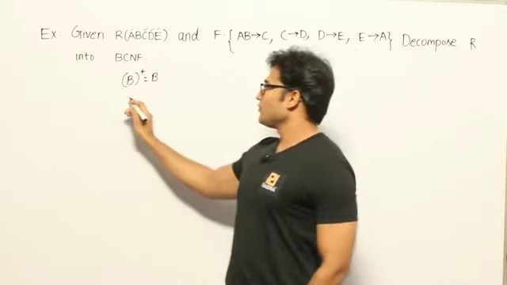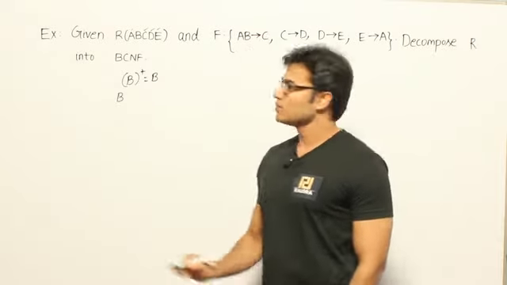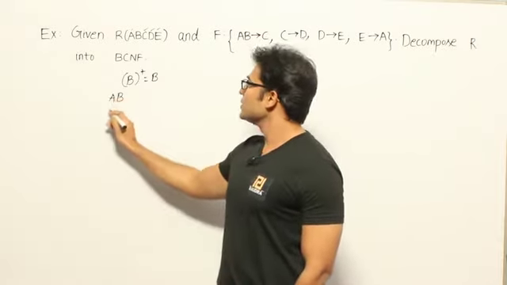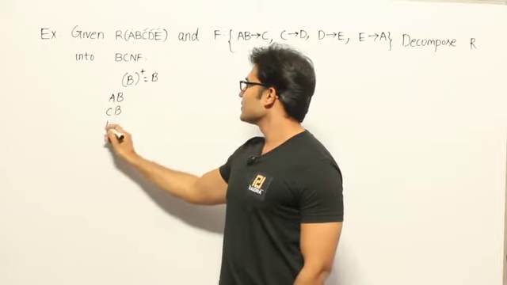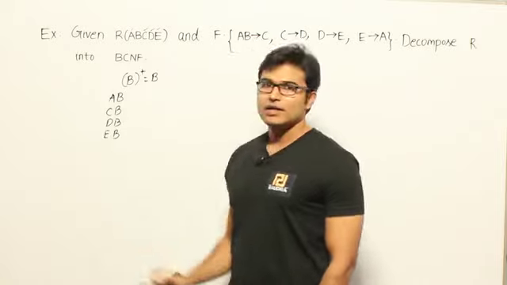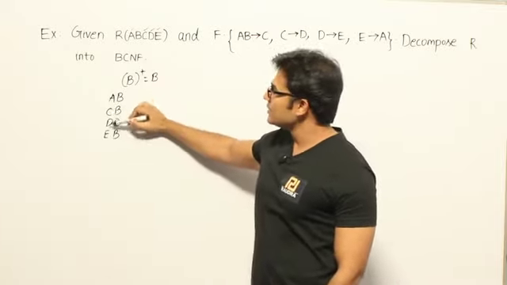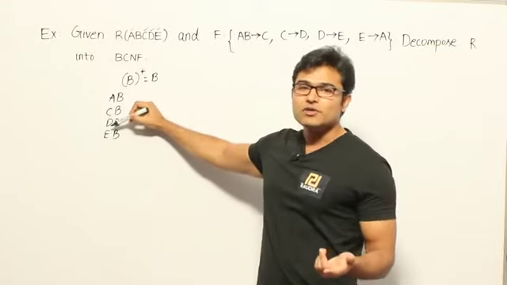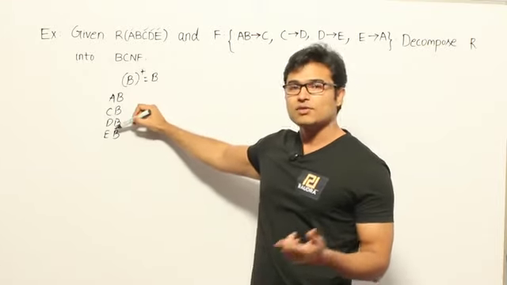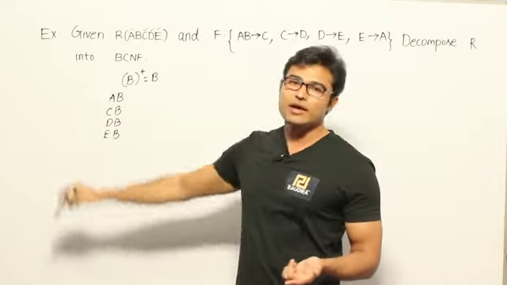Therefore every candidate key you take which is having two attributes should contain B. So what are the possibilities then? AB, CB, DB and EB, right? Even though you can get AC and then AD, AE, CD, anything, you need not consider them. The reason is they don't contain B and you cannot derive B without having B in the candidate key.